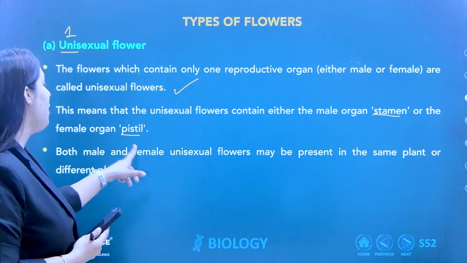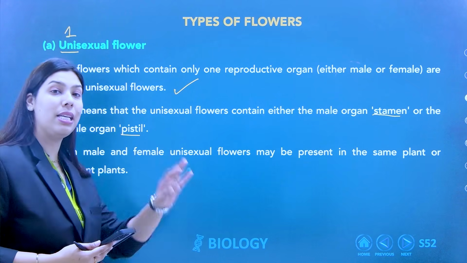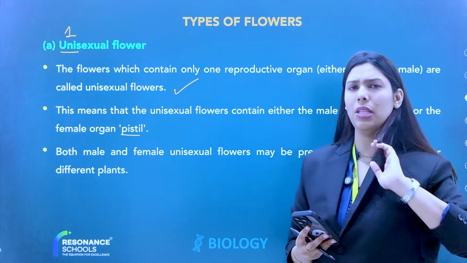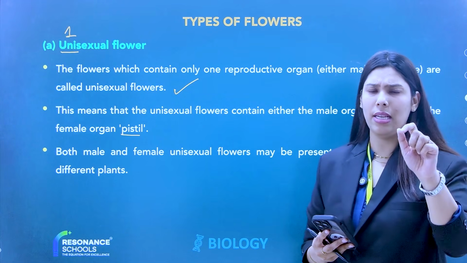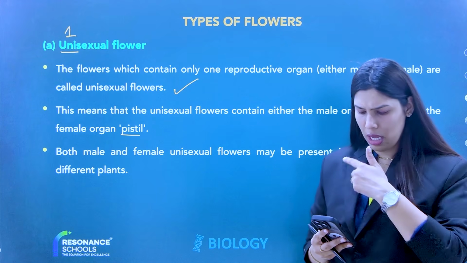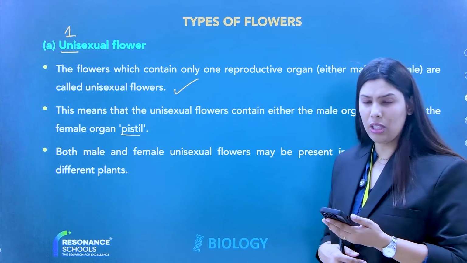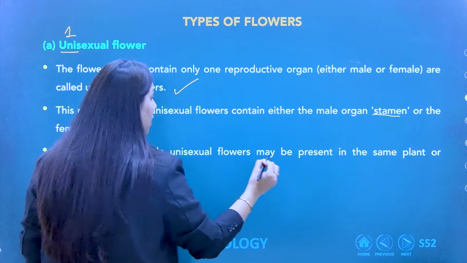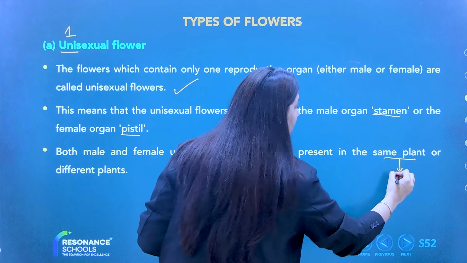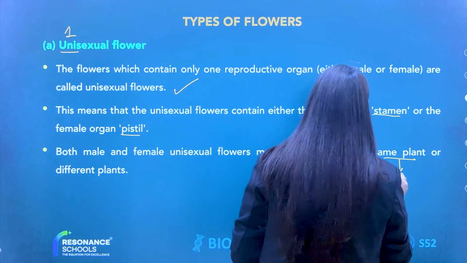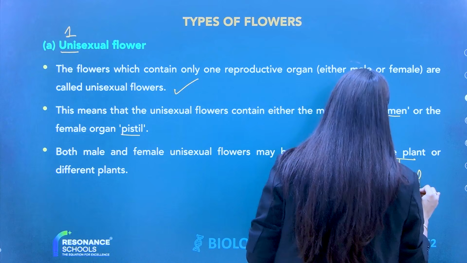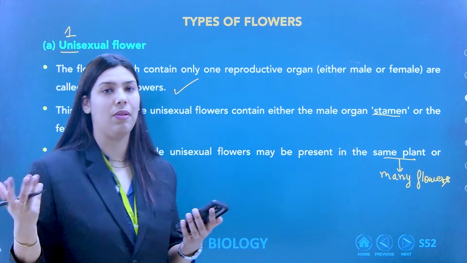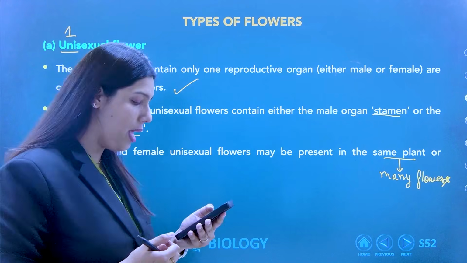Both male and female unisexual flowers may be present in the same plant or in different plants. How in the same plant? If I say there is only one reproductive organ, then how are they present in the same plant? Because I am talking about plants. In one plant, there can be many flowers. So among those many flowers, some will have stamens and some will have pistils. It can be there.